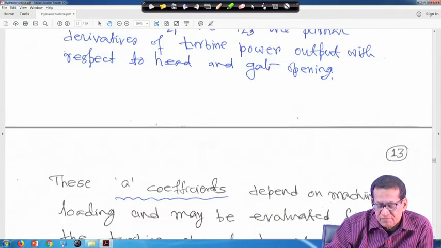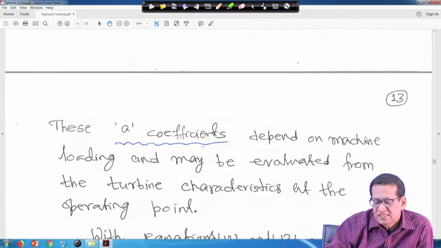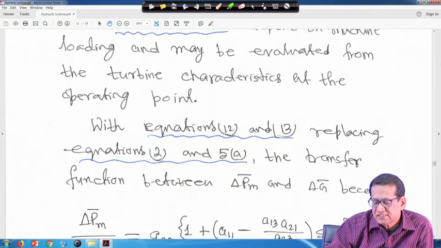These a coefficients depend on machine loading and may be evaluated from the turbine characteristics at the operating point, right.